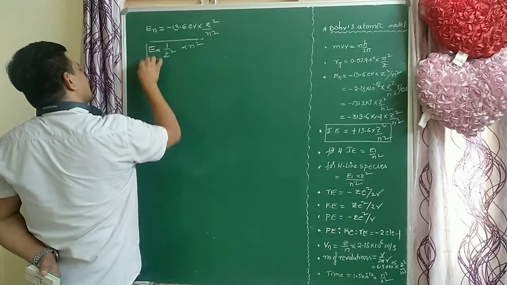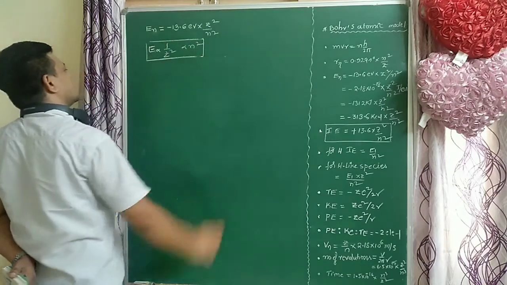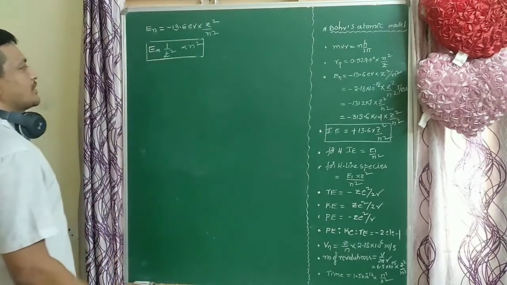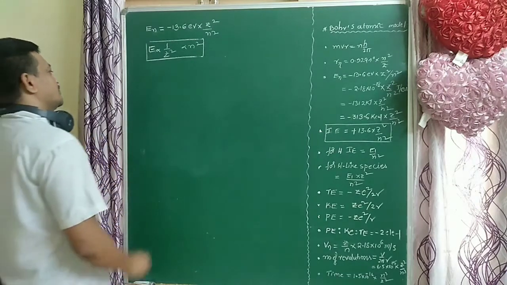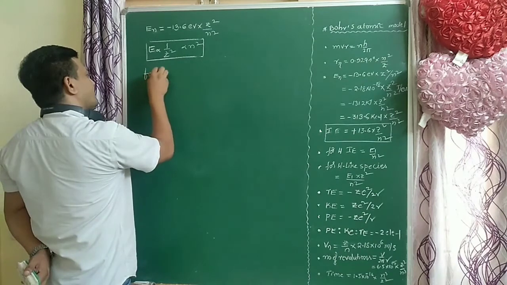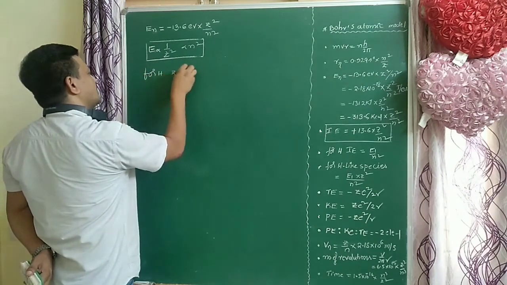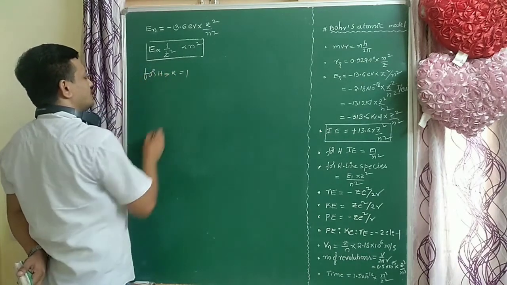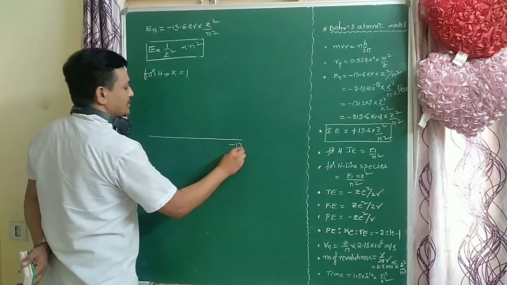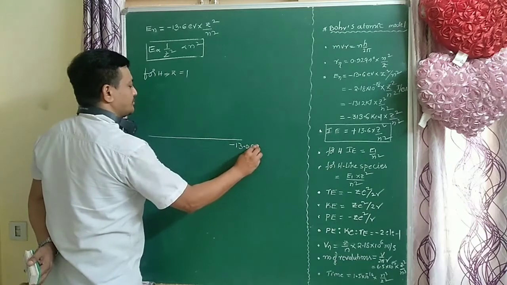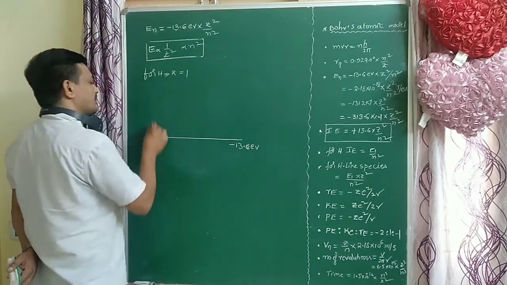As n value increases, energy of the orbit increases. As Z value increases, for a particular orbit, energy decreases. So for hydrogen atom, Z equals 1. For the first orbit, energy is minus 13.6 electron volts.